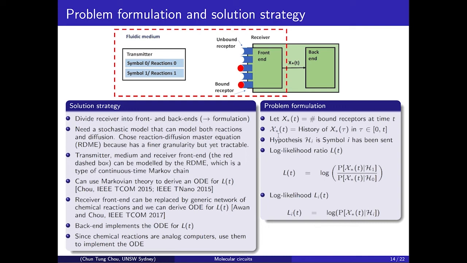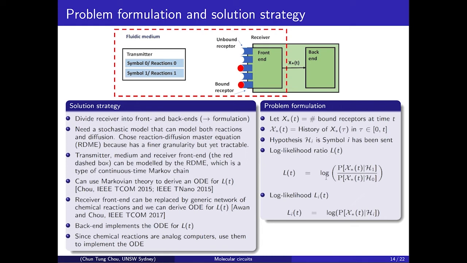I don't know which symbol has been sent, so I have two hypotheses, and hypothesis Hi is that symbol i has been sent. I can formulate this in a probabilistic manner. I can use the likelihood ratio, which is the probability that I see this trajectory x star given hypothesis H1, divided by the probability I see the same trajectory given hypothesis H0, and then I take the log, so I get the log likelihood ratio.